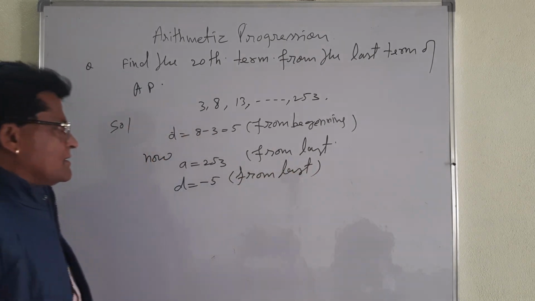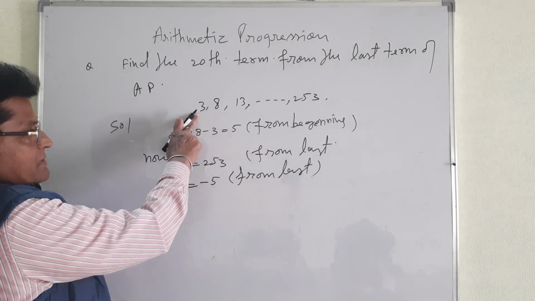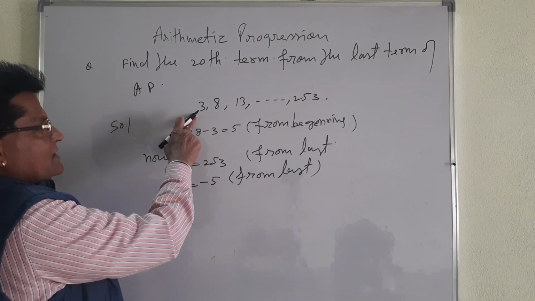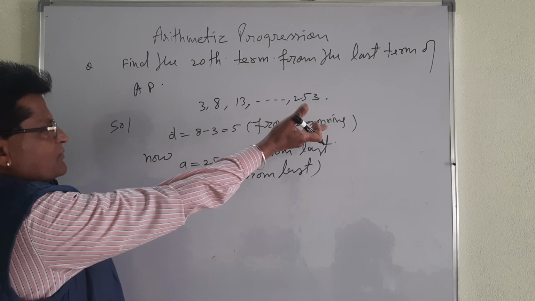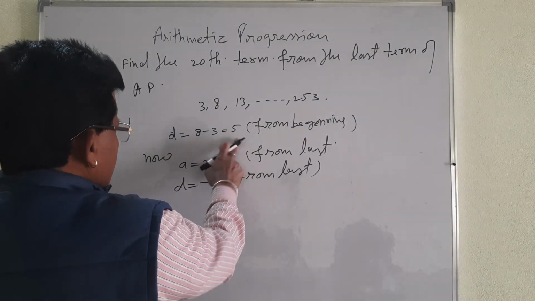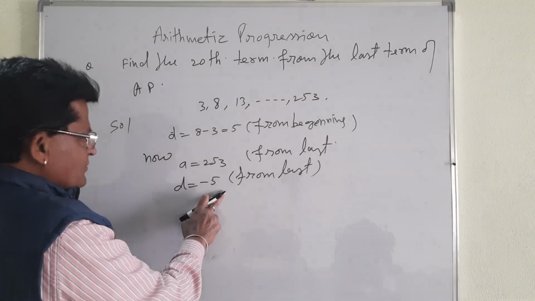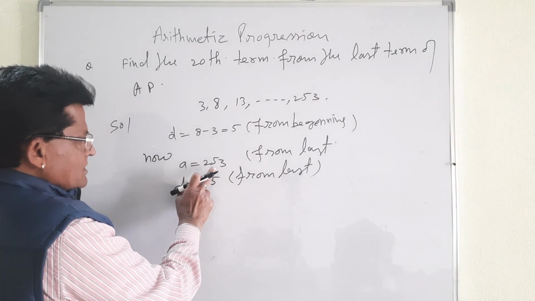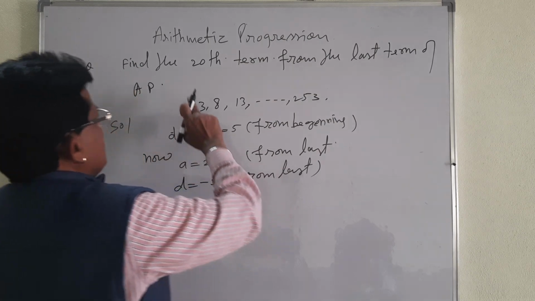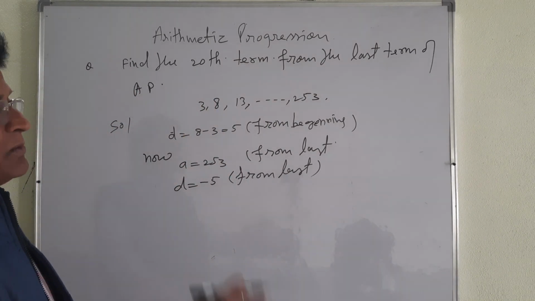See carefully. The first term from the beginning is 3, that is why I am not going to write 3 as the first term, because we will start from the last term. The common difference from the last will be minus 5. The first term will be 253. You will have to find the 20th term from the last.